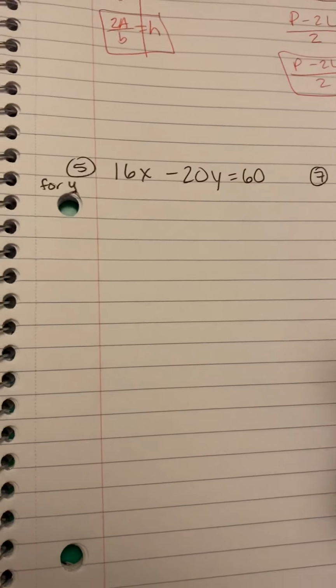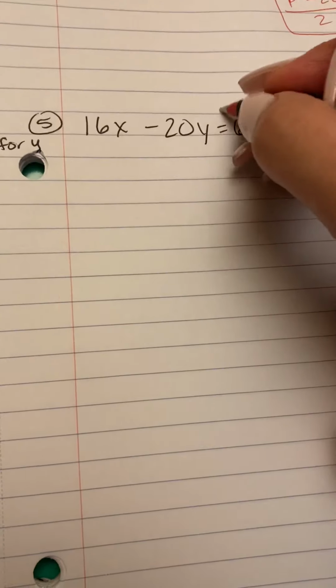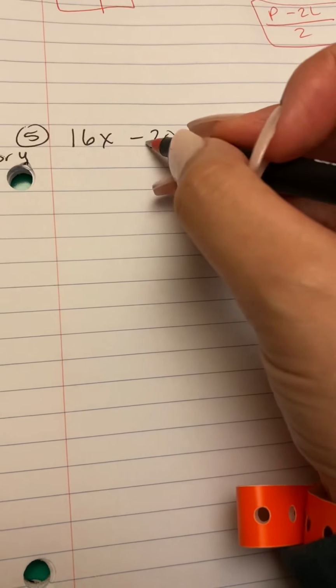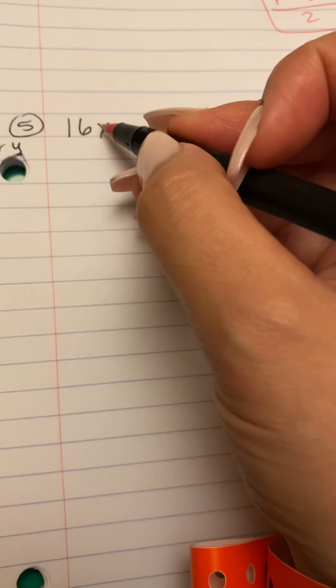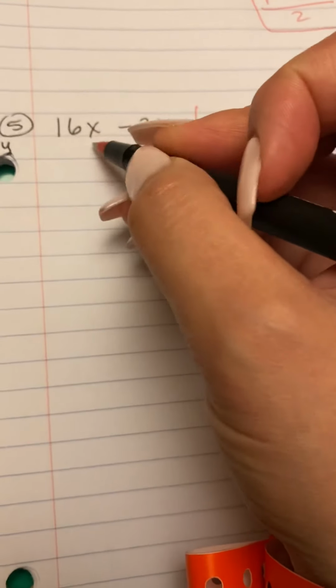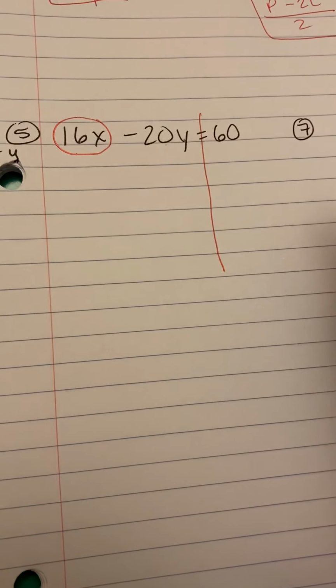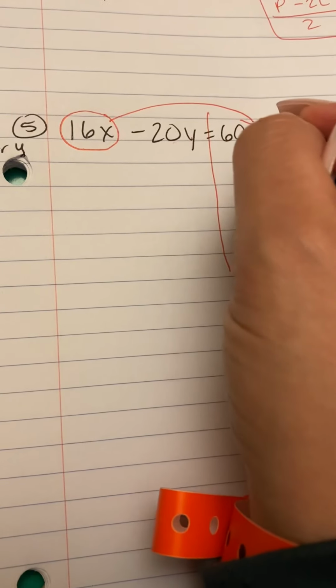Number 5, it said on the worksheet to solve for y. So we're gonna solve for y. The y is being multiplied by the -20, and then they added this 16x. So get rid of the one that's furthest away from it first. We're gonna move it to the other side, so subtract.